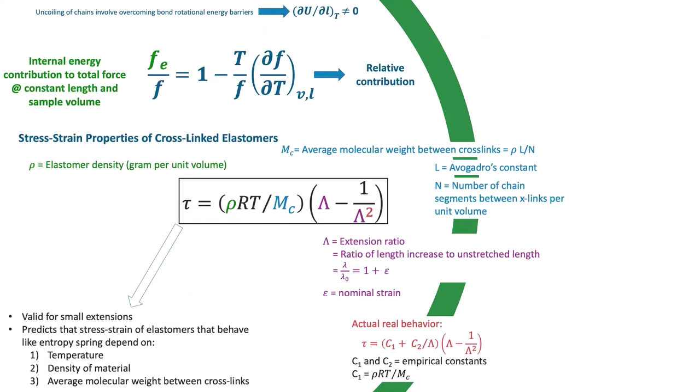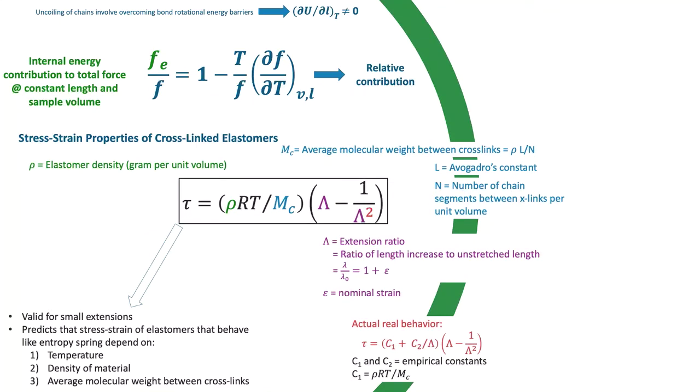If you plug lambda and epsilon into statistical mechanical calculations, they show that the entropy change is a function of the number of chain segments between the cross-links per unit volume and the Boltzmann's constant kappa, and then you can derive this equation shown here in the box.